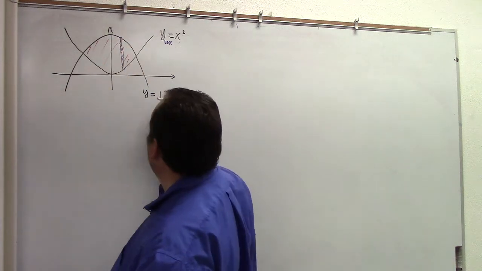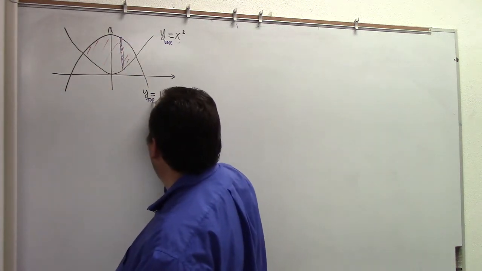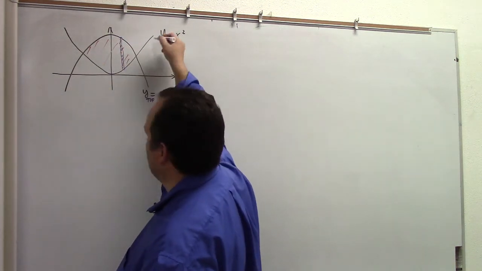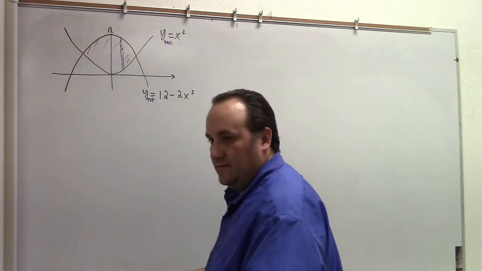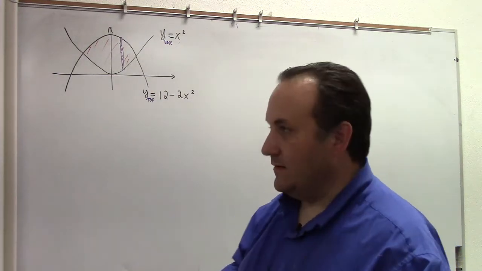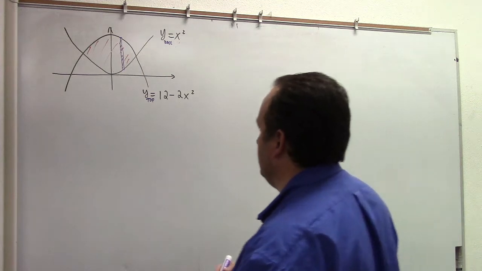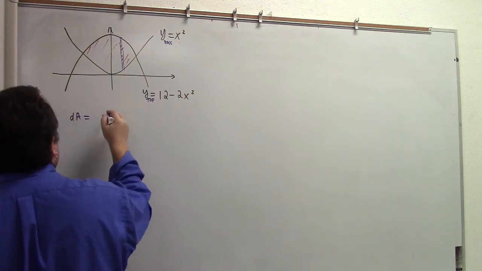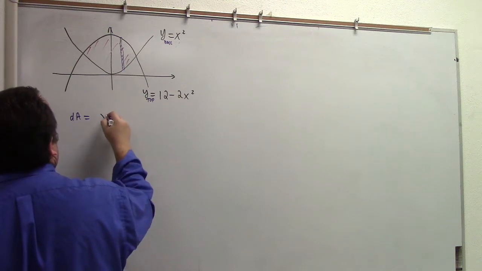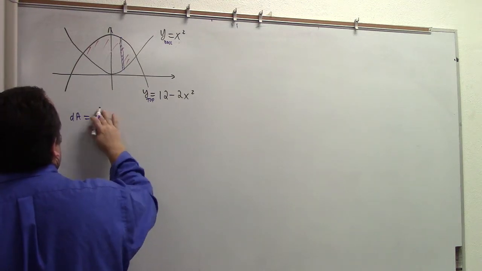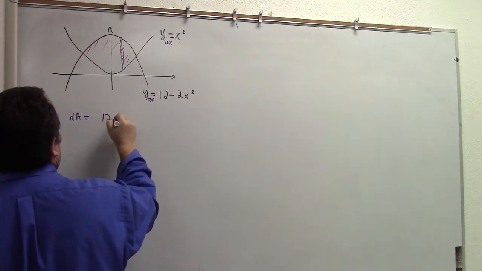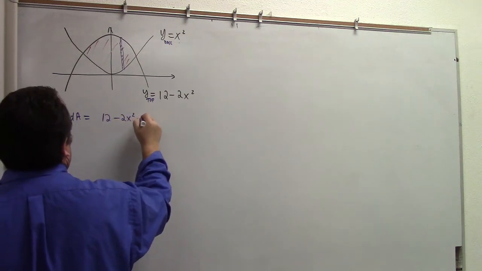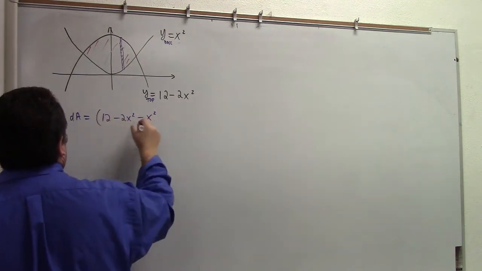It's the top. It's just that they cross here and switch their roles. And so dA is going to be 12 minus 2x squared minus x squared dx, right?